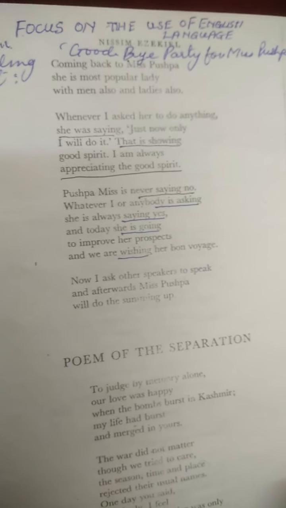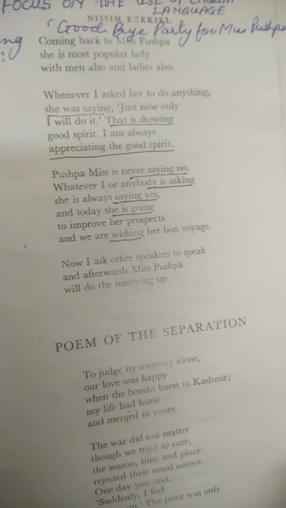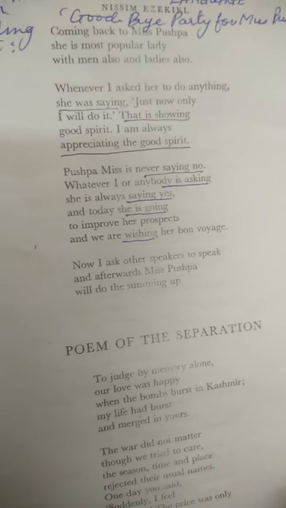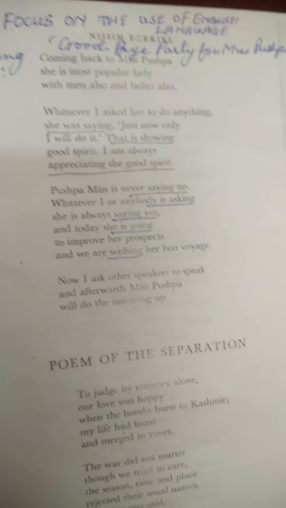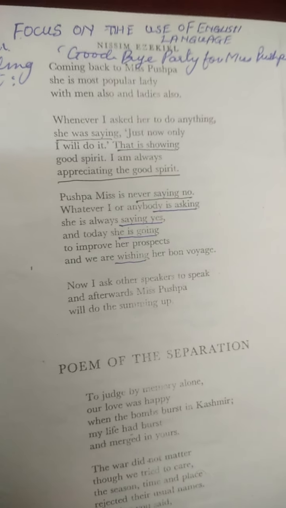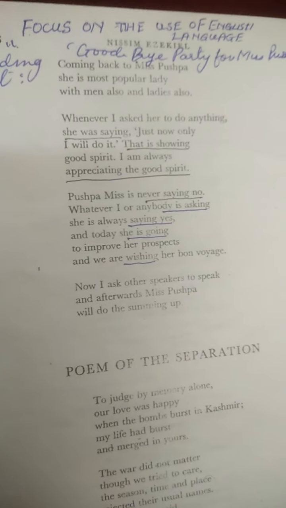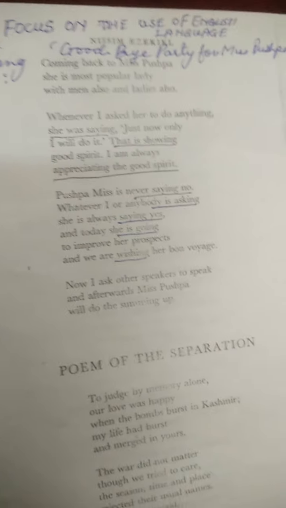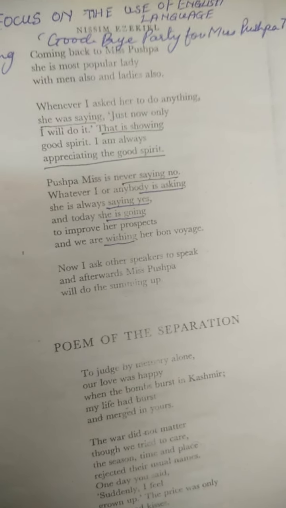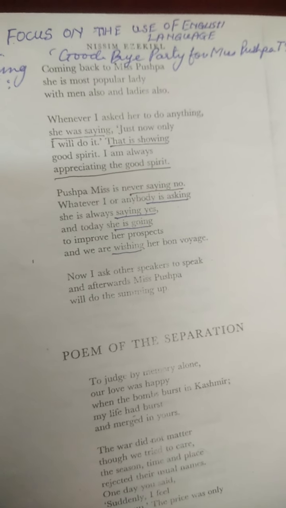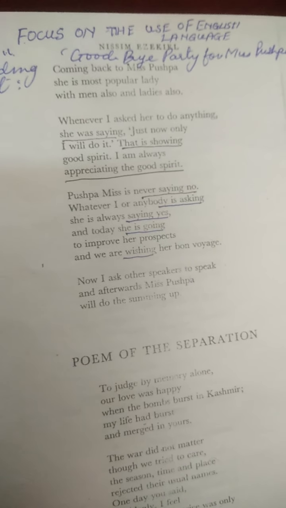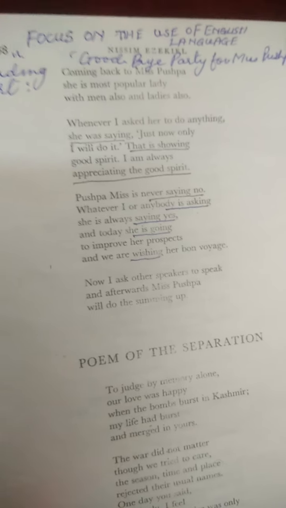The present continuous tense is used first of all for an action which is going on at the present time. When you are sitting in front of me, you are sitting at present, or you are concentrating on the lecture. It is also used for a temporary action. For instance, he is writing a book, or she is participating in some literary contest.